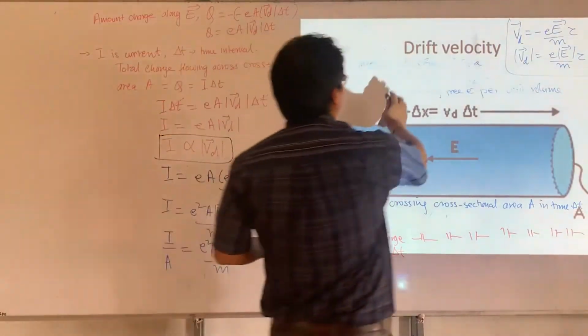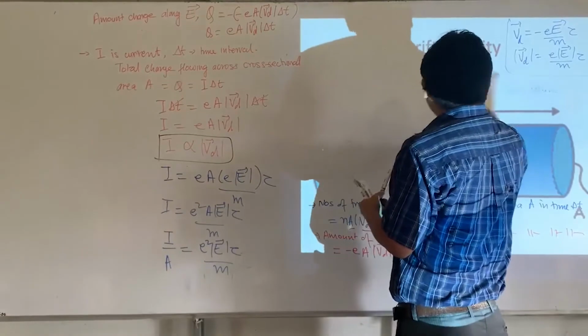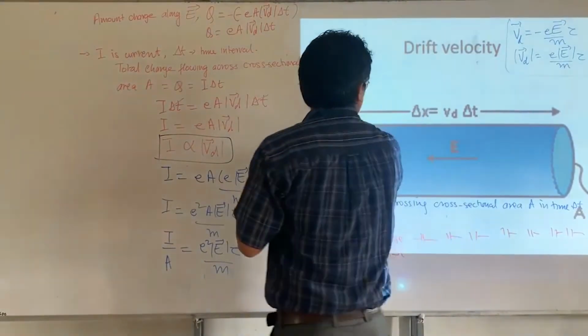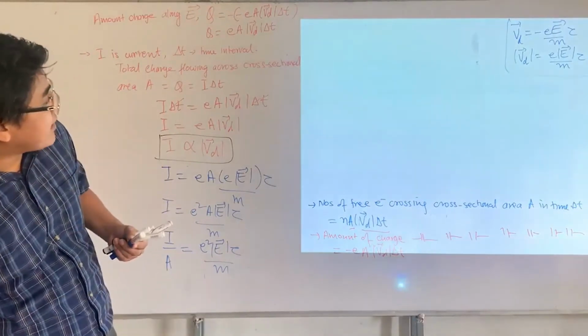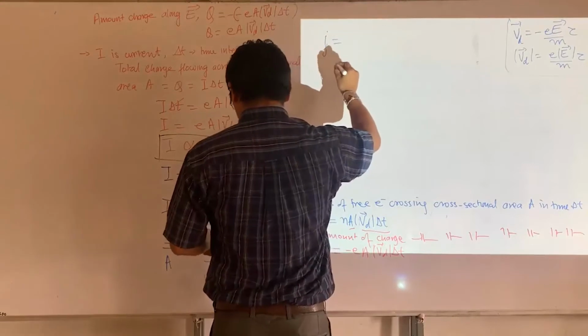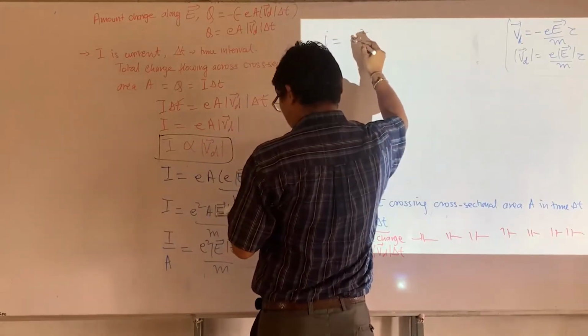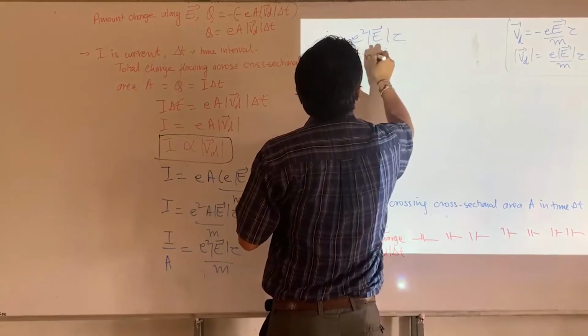In the previous class we defined current density. So current density is equal to I by A. So I just say J is equal to n e squared E tau divided by m.